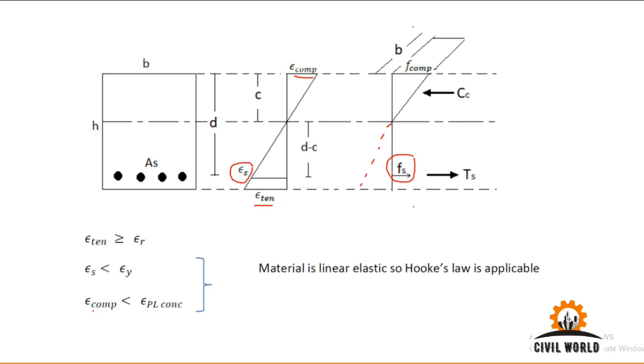Compression strain in concrete is less than proportionality limit strain of the concrete used. So we are in the linear elastic range, and we can use Hooke's law to calculate our stresses using strain. So stress is equal to strain in the material into modulus of elasticity of that material, which we already discussed.